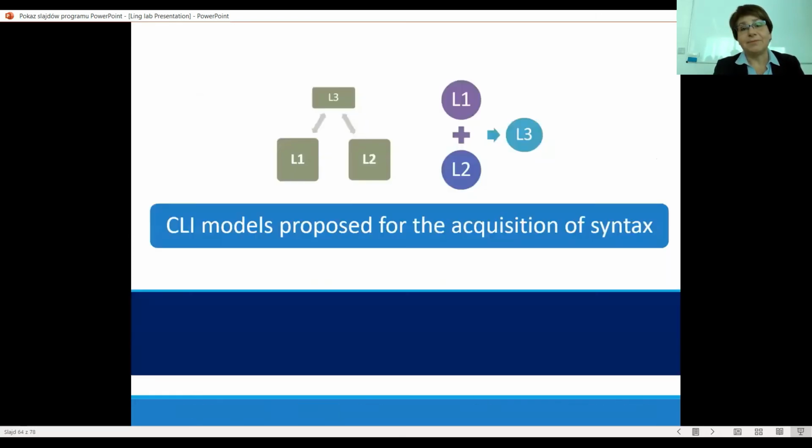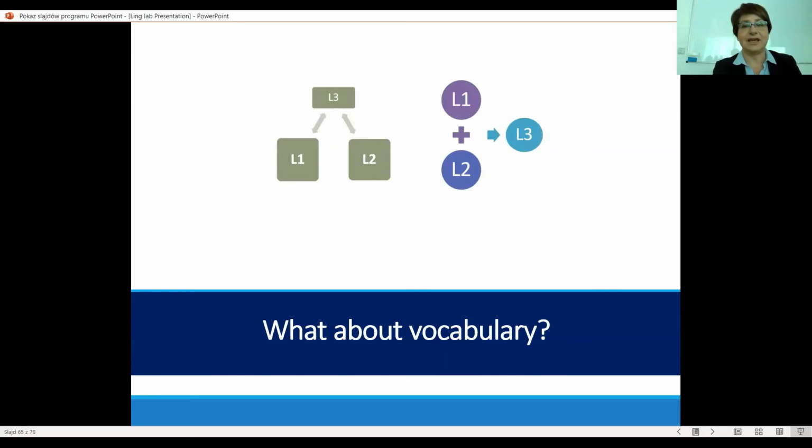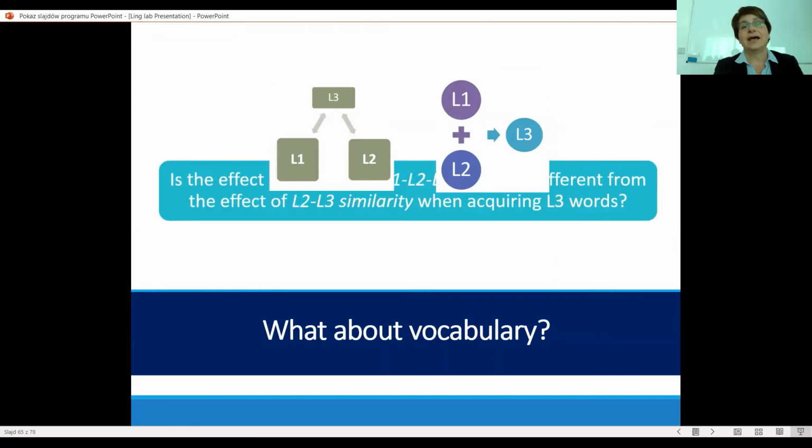But the problem is that most cross-linguistic influence models were proposed for syntax. So basically there is nothing about vocabulary. We are kind of pioneering here in trying to find out the role of cross-linguistic influence and similarity in the area of vocabulary.